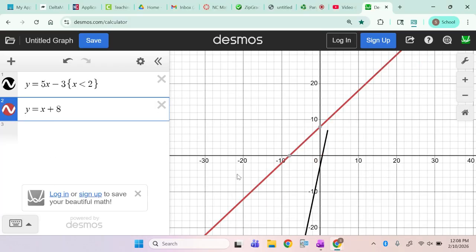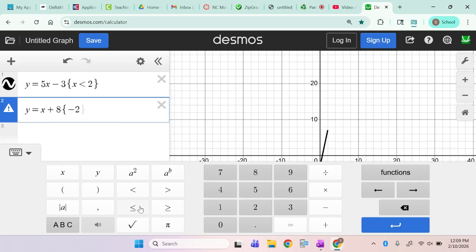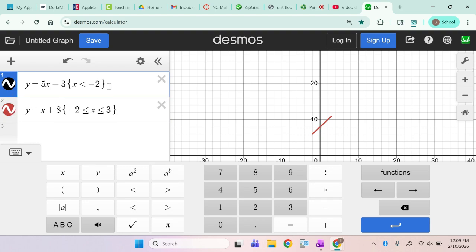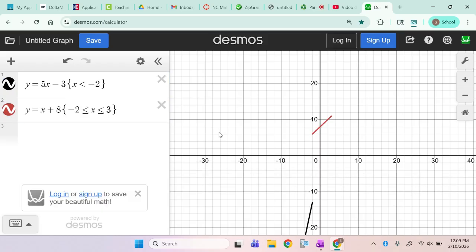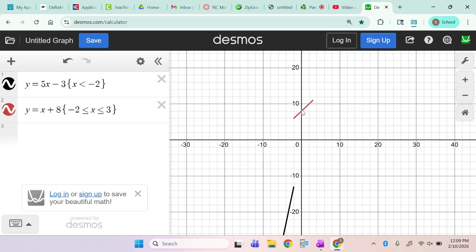I'm going to put my squiggles, and it's going to be from -2 less than or equal to x, which is less than or equal to 3. Oh, it has to be -2. See what's happening now? I got another piece of the graph right here.